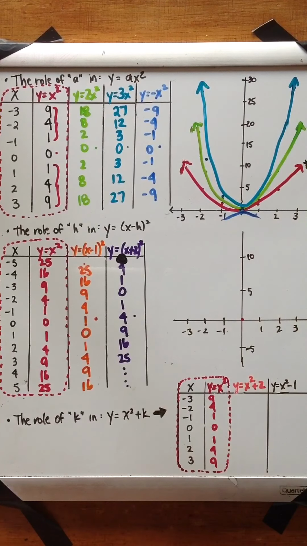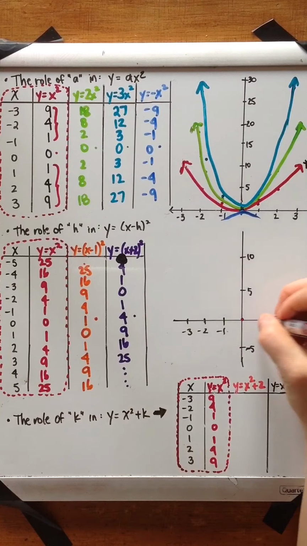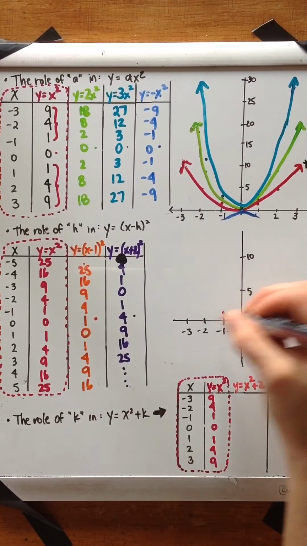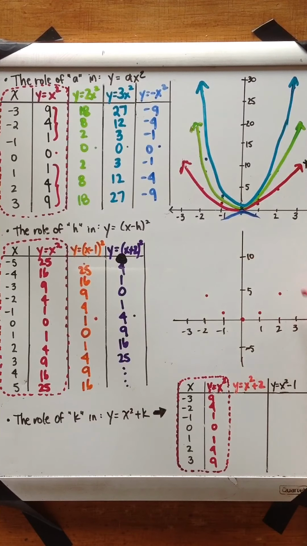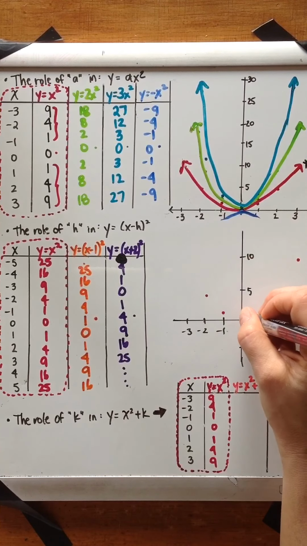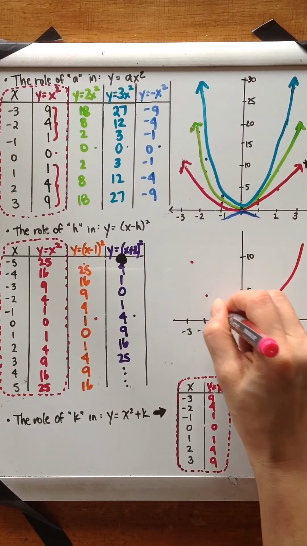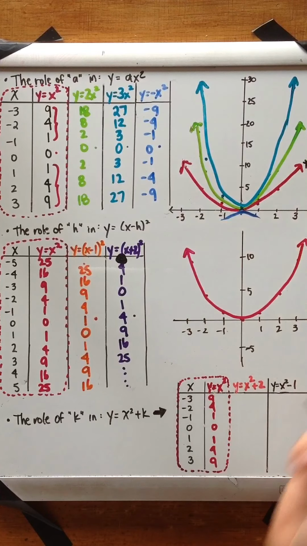Let's try that. All right, so 1, 1, 0, 0. Over 2 up 4, over 3 up 9, over 3 from the center here, up 9. Bam. There you go.